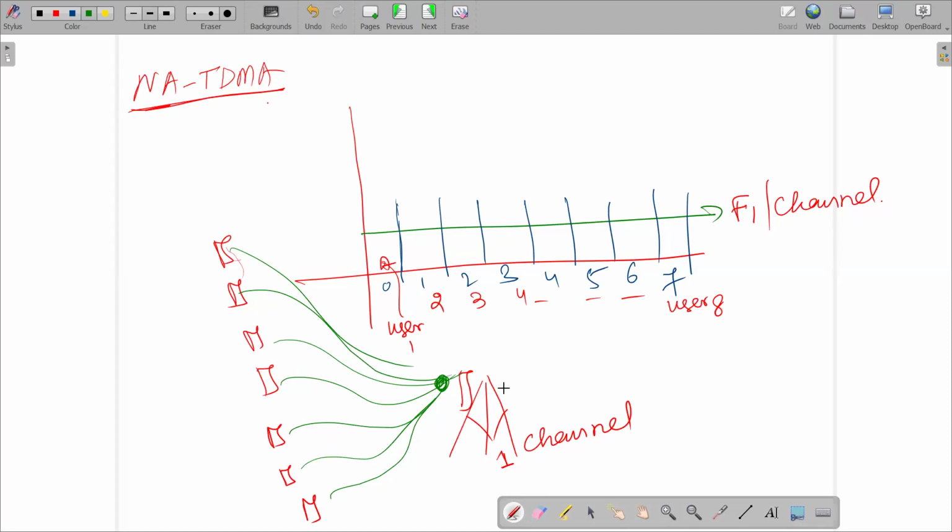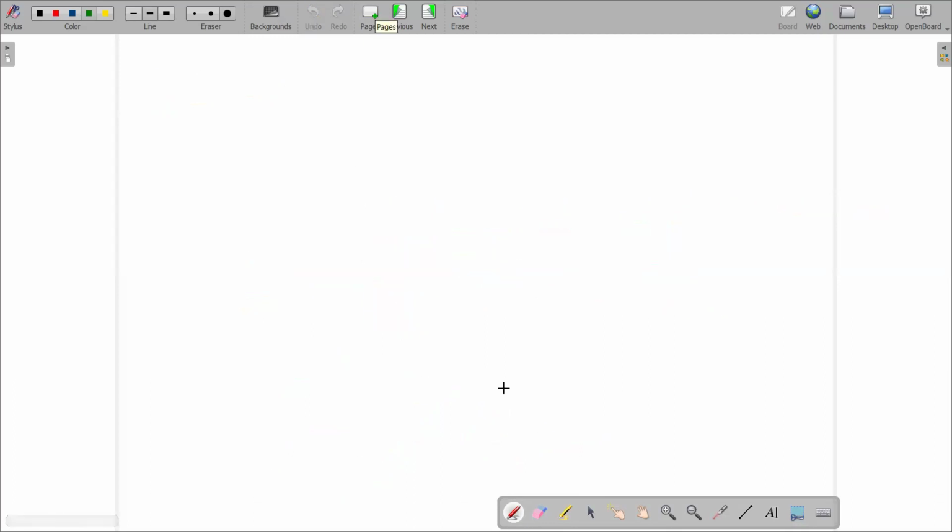So then in Europe, they developed GSM. What did they do in GSM? In 1G, we assigned channels in terms of frequency. North American TDMA, which is 1G plus, assigns time-based.